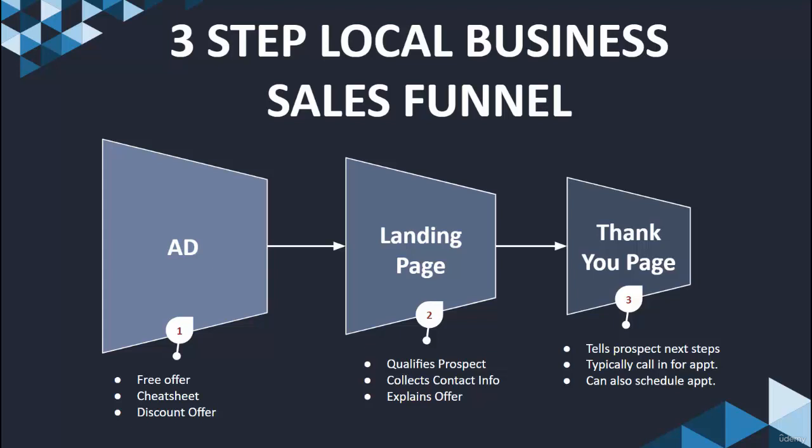And then the thank you page is doing the same exact thing. It's saying, hey, this is what the next steps are. You can schedule an appointment, or if you want to call in. And also letting them know, if it's a discount offer, that space may be limited and you're only able to give out like 10 to 15 different vouchers, or maybe it's first come first serve. So letting them know that space is limited will help you convert more people into actually taking action.